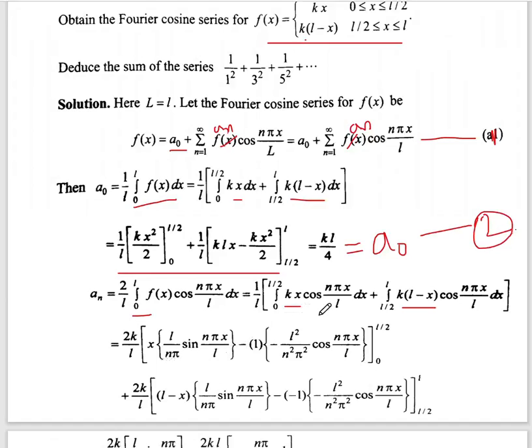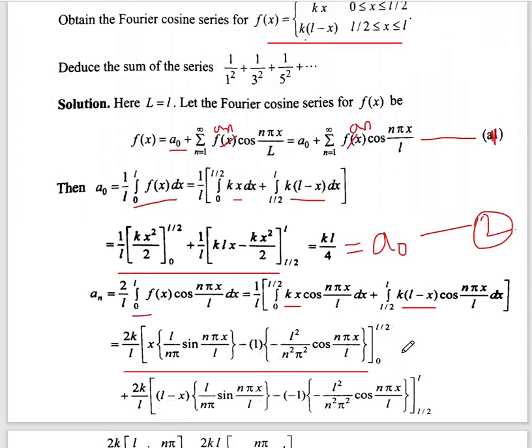Here we will apply the product rule formula, the integration by parts formula: first function into integration of second function minus derivative of first function into integration of second function. We can use the u into v formula, or the Kronecker integration method formula, to split this term.